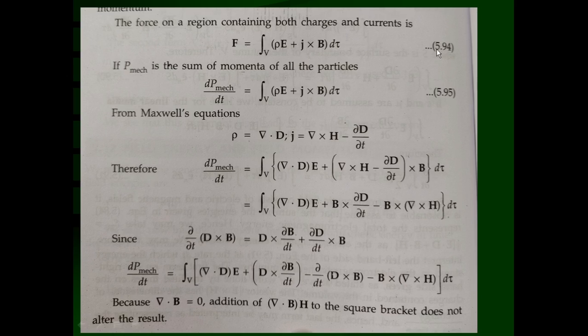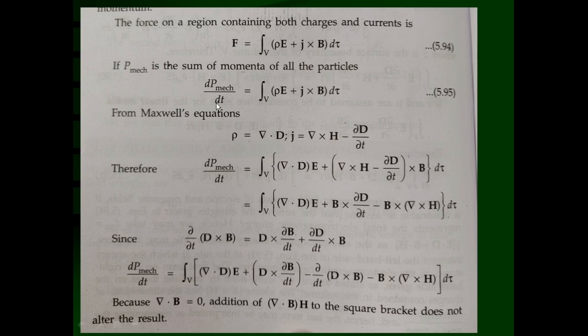This is equation 5.94. Now we know Newton's second law of motion, F is equal to dp by dt. Time rate of change of momentum is nothing but the force. So force can be replaced by this expression dp mechanical upon dt, which is nothing but the momentum.